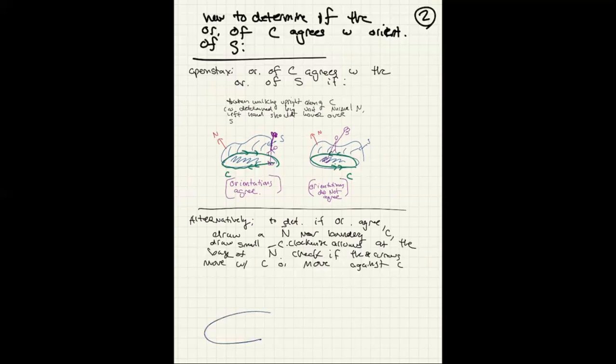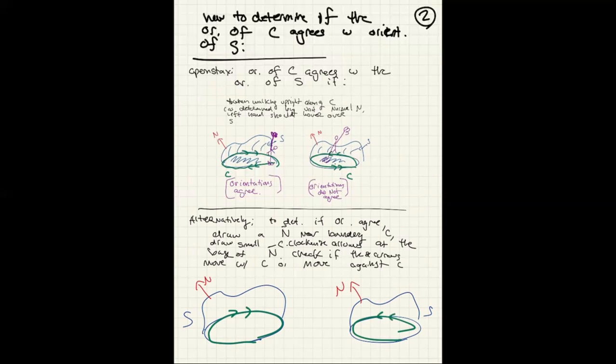So if I've got the same surface, here's S, and I've got the same N, and here's my boundary. We know the left-hand picture is the one where orientations agree, and the right-hand picture is the one where orientations do not agree, based on what we just did the OpenStax way. But my way is I'll draw a little normal vector down by the green, and I'll draw this counterclockwise spinning.